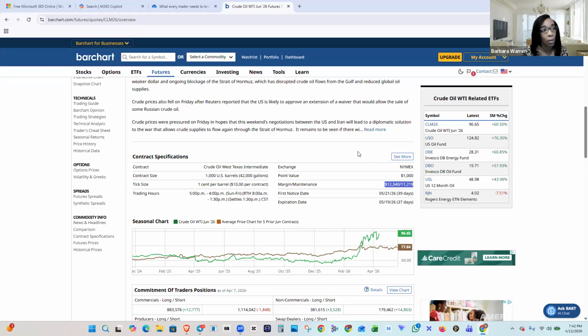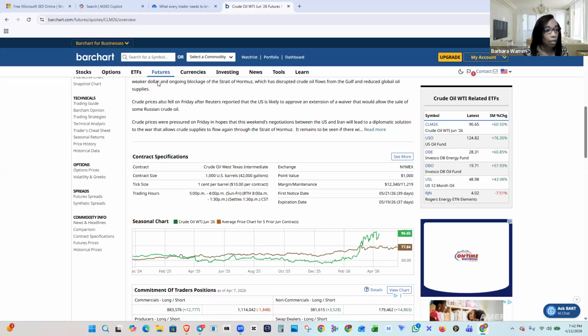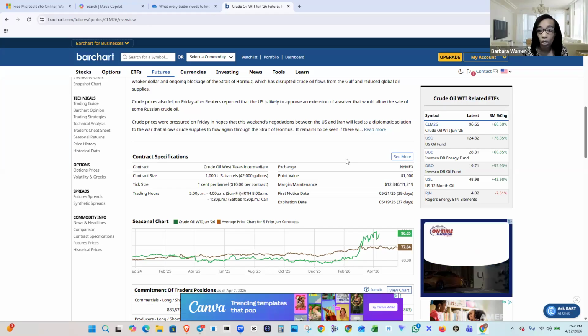And the good thing about it, we have a list of minis and micros. So some of the markets have a smaller market that takes less to get into. So if you see a huge amount here, there could be a mini and micro that may only take $200 or $300 to get into.